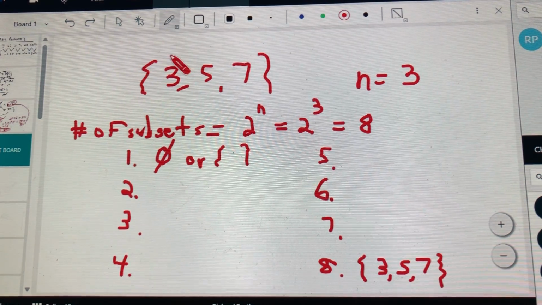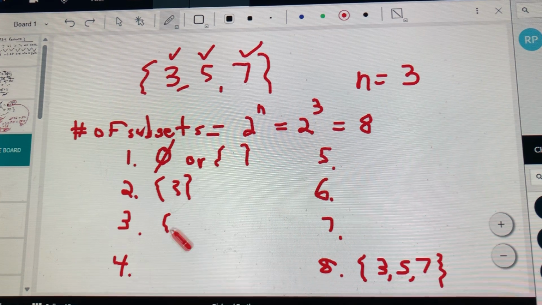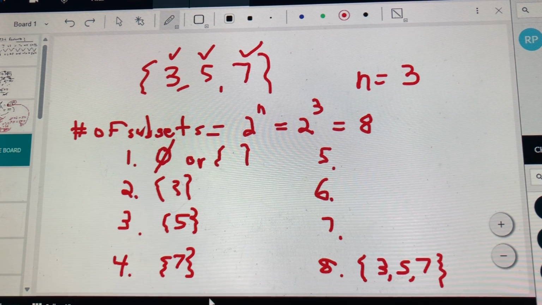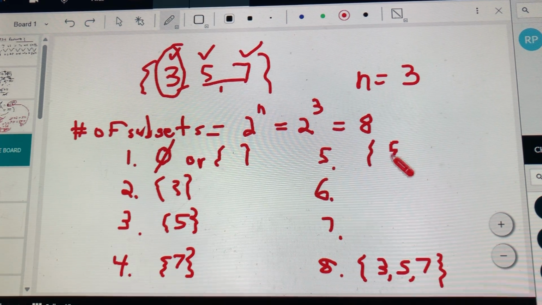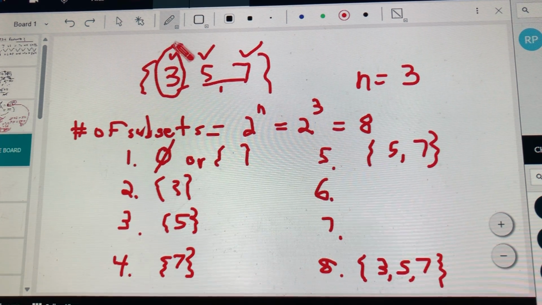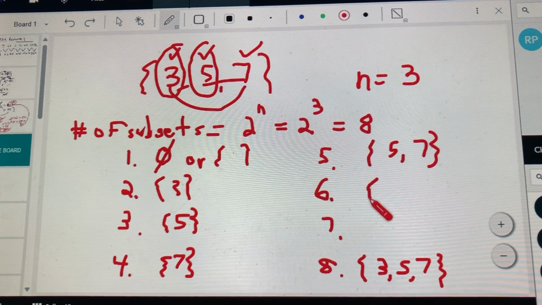The size 1s are easy. You just write each one of these once. So just the set 3, just the set 5, and just the set 7. Those are the 3 size 1s. And then if you cover up 3 and don't look at it, all you see is 5 and 7. Cover up 5 and all you'll see is 3 and 7.